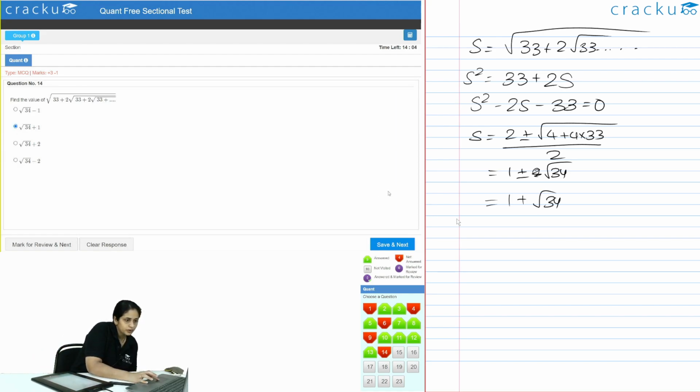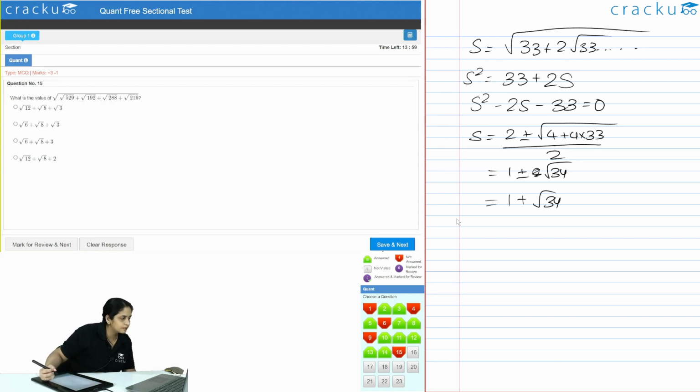So that is the option. What is the value of this? 529 is a perfect square. So 529 is how much square? 25 square is 625. This is 23 square, right? 23, this is 69.